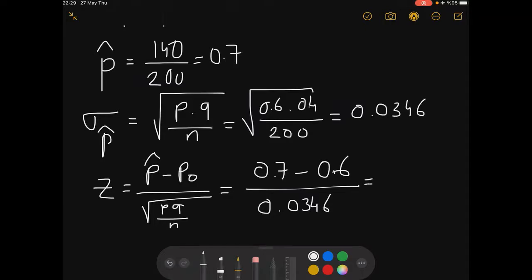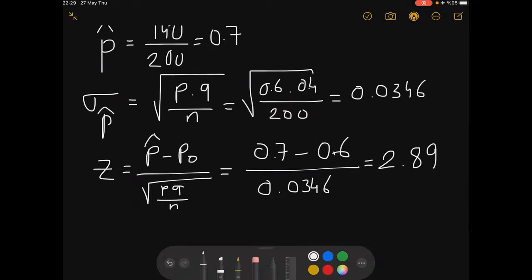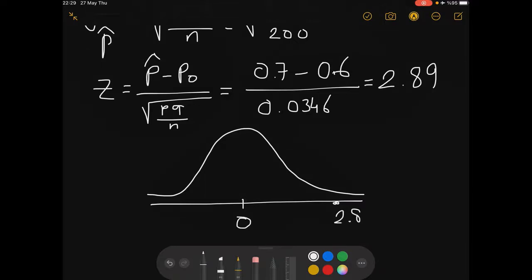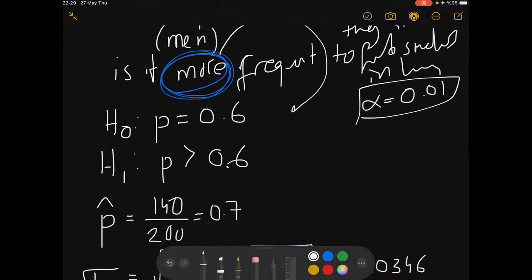And the result will be 2.89. All right, now I know that this is your 0, and I am located at 2.89. But is it rejected or not? Am I in the rejection region or not?